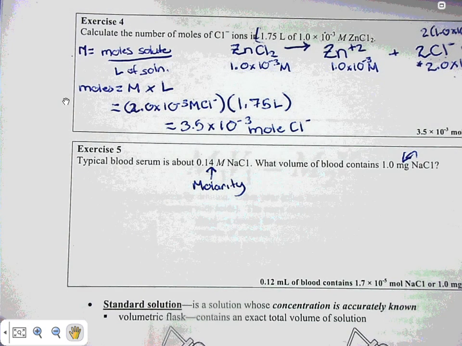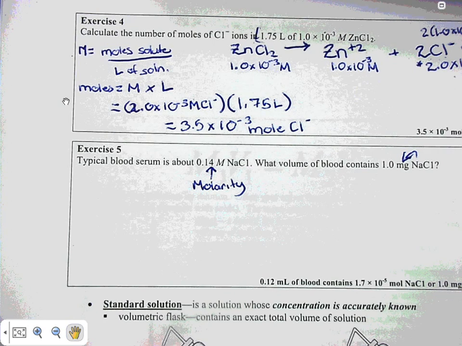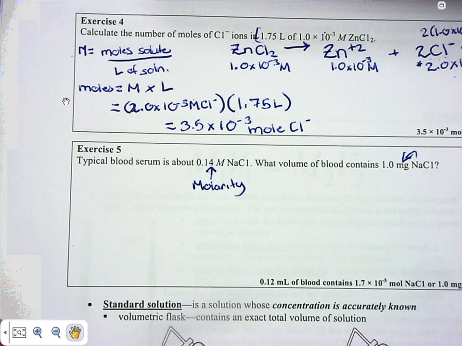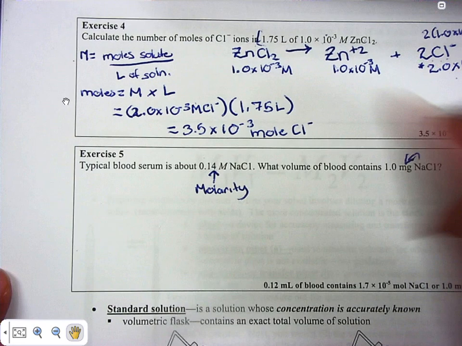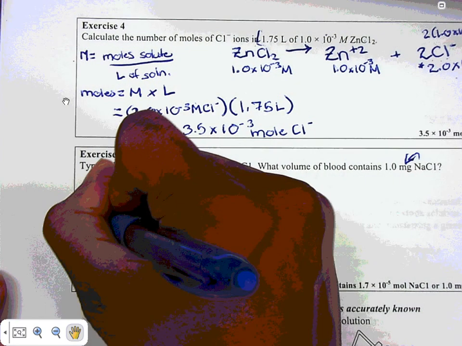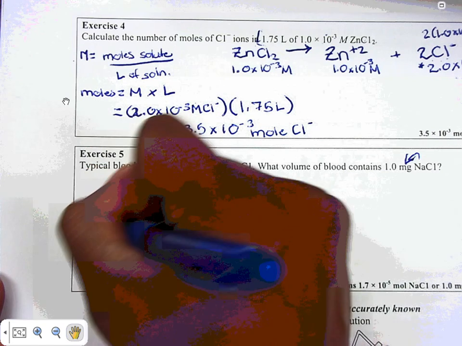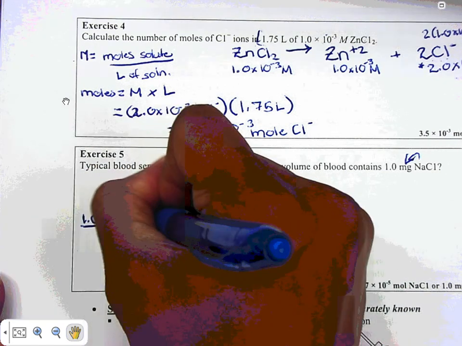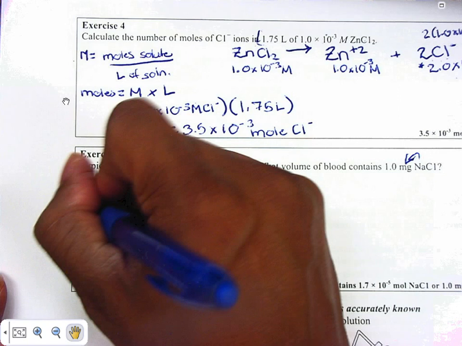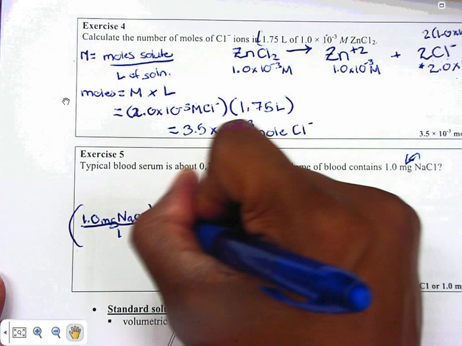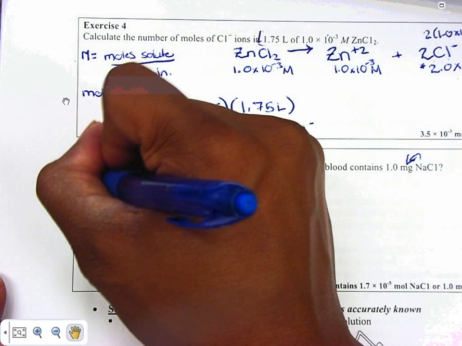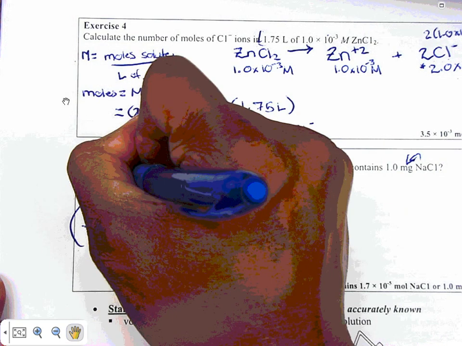Now, to do that, you're going to need to first convert milligrams to grams and then convert from there. All right, to do so, I understand that 1.0 milligrams of NaCl, I'm going to convert that using the factor label method, and you need to know that basically 1,000 milligrams is equal to 1 gram.